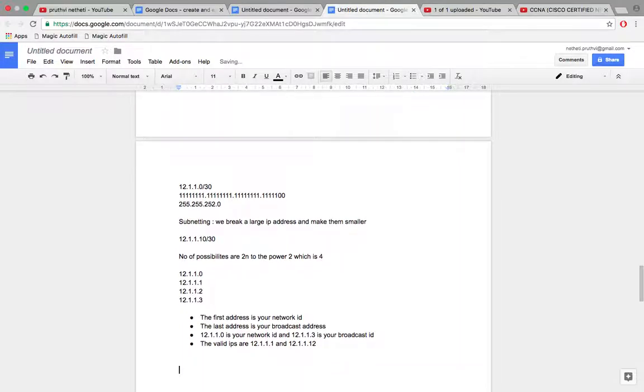Now let's do another subnetting question. A network is in the range of 192.168.1.0/26. Find the valid hosts, broadcast ID and network ID.